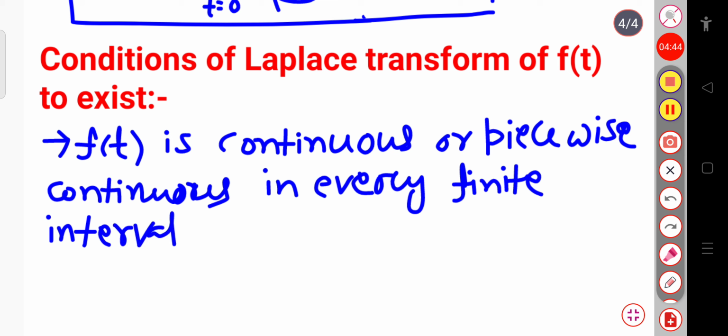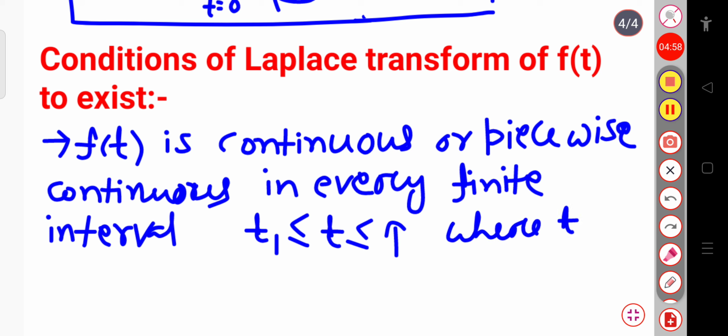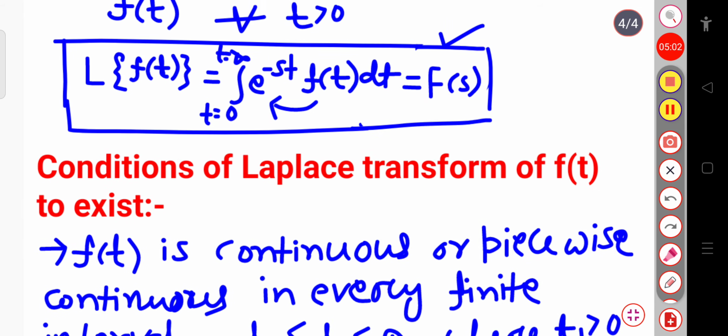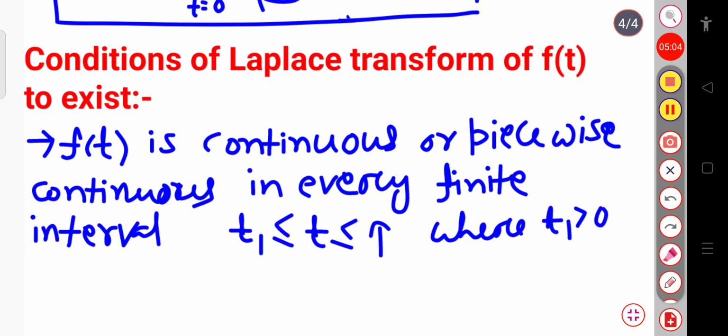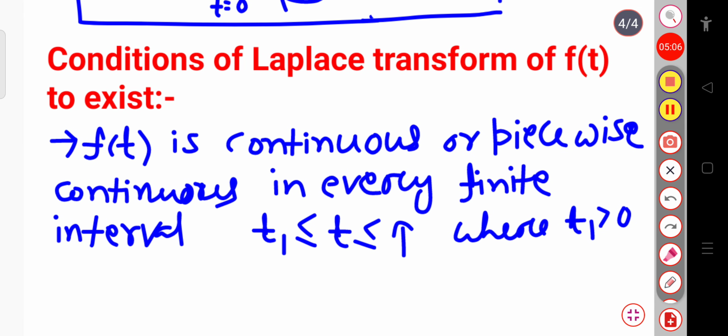Suppose the interval we are considering is t lying between t1 and capital T, where t1 should be greater than 0, because we are considering the limit to lie between 0 and infinity. That's why t1 should be greater than 0.